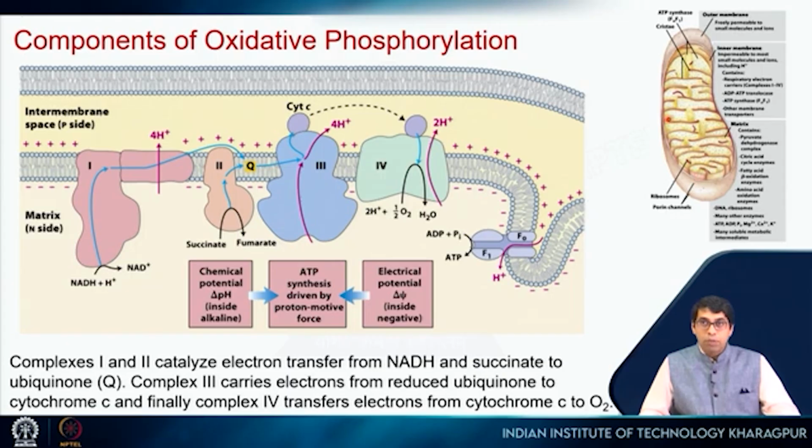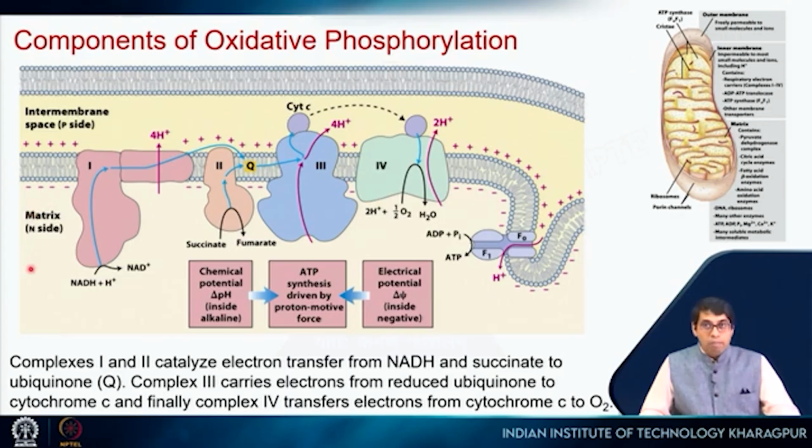Again this is mitochondria and what we are looking at are the two membranes. This is the outer membrane. You will have porins in this outer membrane, so that molecules which are less than 5000 daltons can easily pass through. This is the inner membrane, and this is very tightly regulated. Not even a hydrogen ion can pass through this inner membrane.